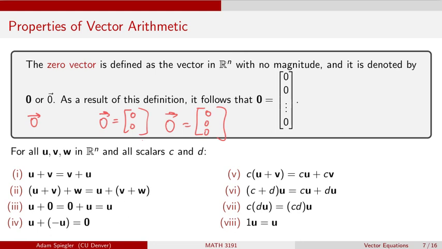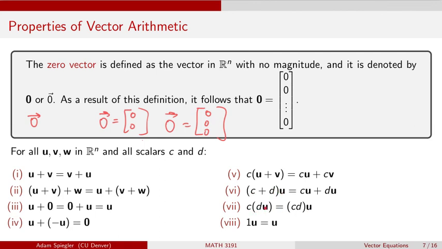And for scalar multiplication, if I multiply a scalar times the sum of 2 vectors, it's the same as multiplying the scalar times u and the scalar times v, and then adding those 2 together. We have a similar distributive law if I'm multiplying the sum of 2 scalars times a vector.